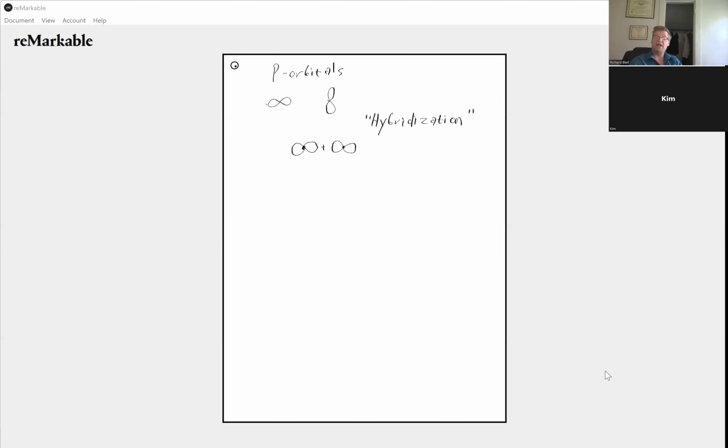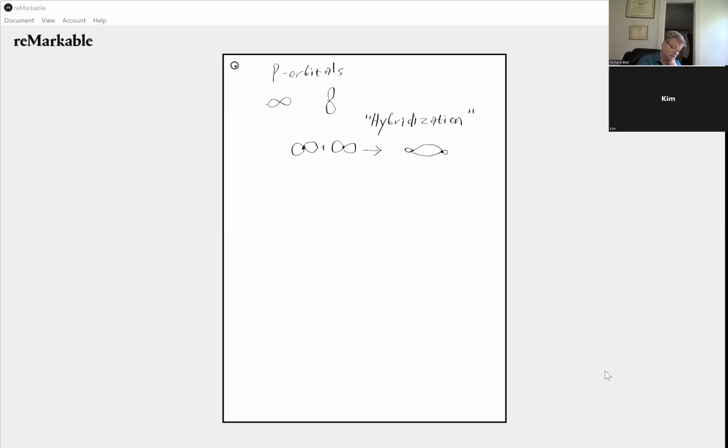As it turns out, any wave function that solves Schrodinger's equation, you can add those wave functions up and you still have a valid solution to Schrodinger's equation. So you can take 2 p orbitals and add them together and you get a brand new orbital, and it distorts the lobes a little bit. So you end up with a much smaller lobe on the side and a much larger lobe in the middle. Looks like this.